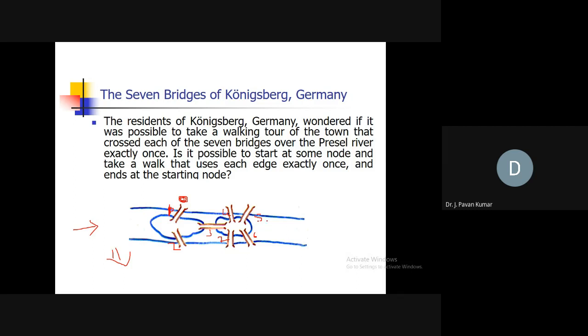So you can start from any bridge. You can start from 5, you can start from 2 or 7, anything. But you have to complete all the bridges exactly once. This is the question, right? I hope you understand what the question is.